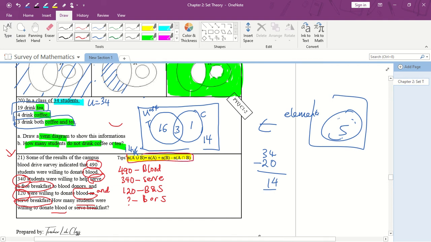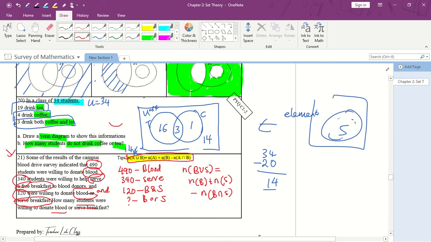Here it says that N(A union B) is equal to N(A) plus N(B) minus N(A intersect B). So basically you can understand it as N(B union S) is equal to N(B) plus N(S) minus N(B intersect S). For our case, B means blood, S means serve.